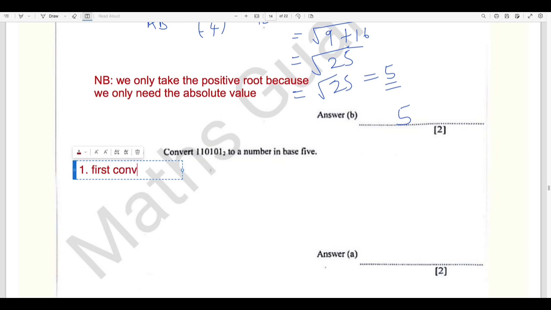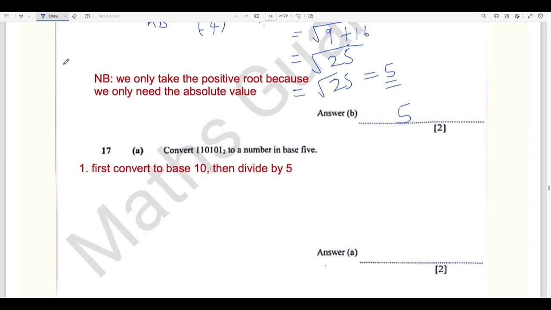The first thing to do here is to convert to base 10. After you've converted to base 10, you then divide by 5 to convert to base 5. That should be simple, right? So let's start on this problem and see where we can get.